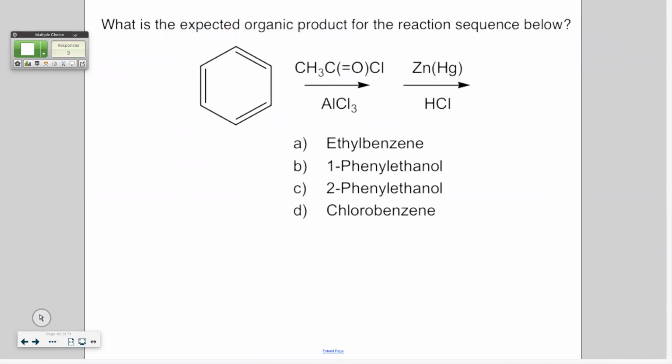And actually, there's a method to it. And I can write on this. So that would be good.